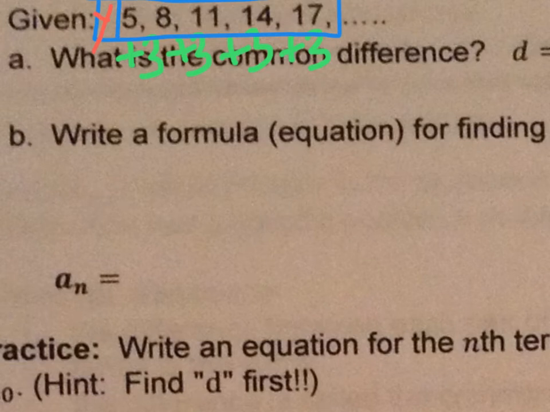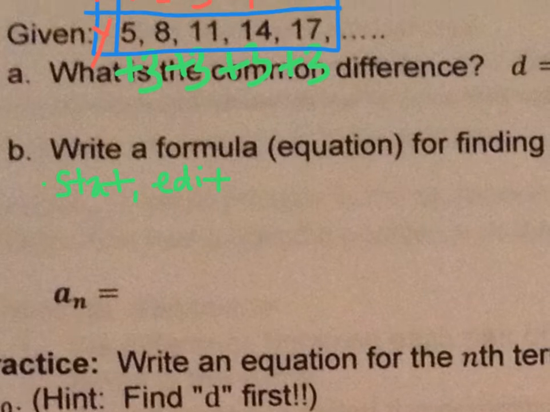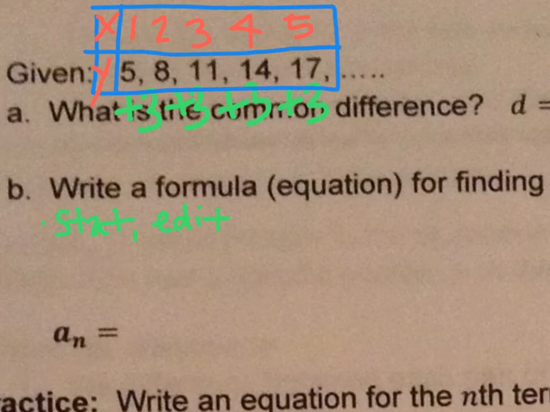So go into your calculator and go to stat edit and type in the values in our table. So all the x values, the 1, 2, 3, 4, and 5 will go in the first column. And then all the y values, 5, 8, 11, 14, and 17 will go in the second column, the y column.